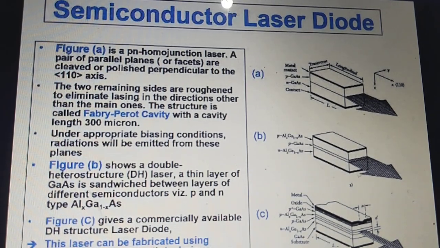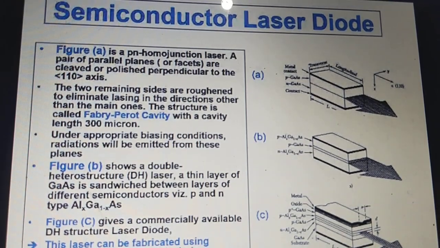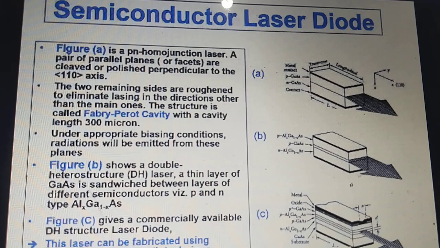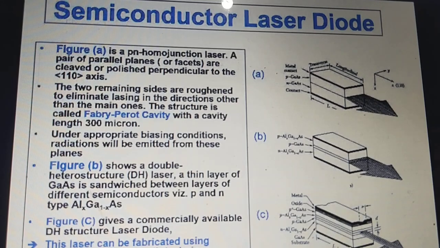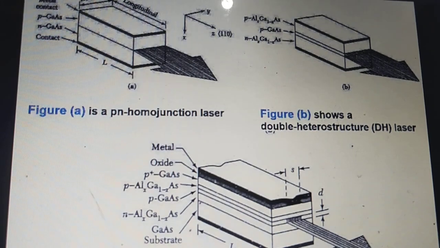The laser can be fabricated using a technique known as epitaxial crystal growth. This laser requires much less current to operate than the junction laser. So these are the three: homojunction laser, heterojunction laser, and commercially available.